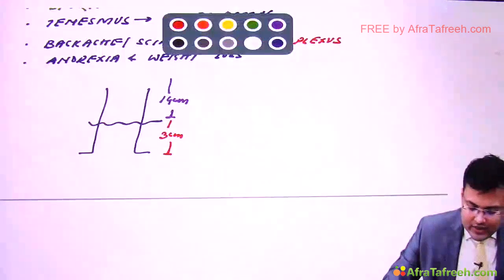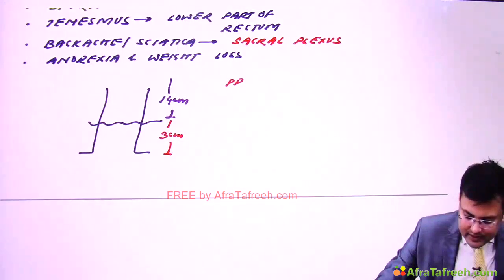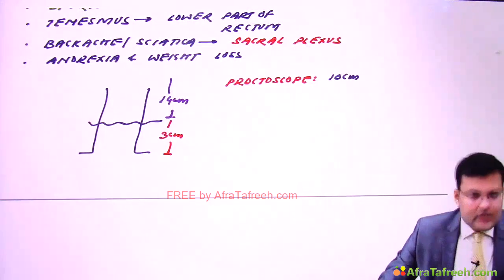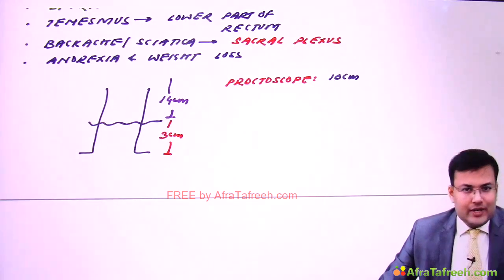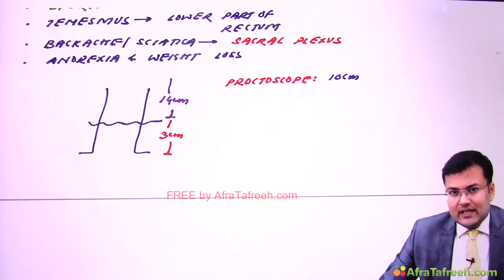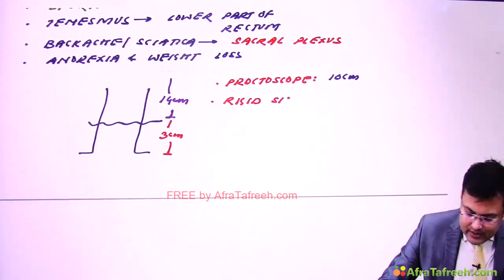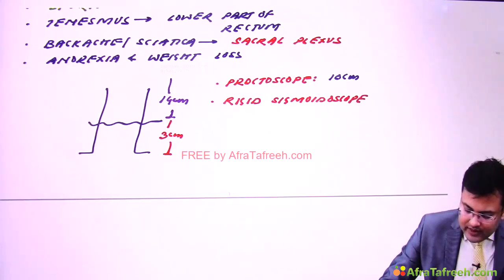So see, what's the length of proctoscope? We discussed that the length of proctoscope is 10 centimeter. What's the length of rigid sigmoidoscope? 25 centimeter. Flexible sigmoidoscope, it is 60 centimeter, and colonoscope, it is 160 centimeter. Okay, so see, proctoscope, length of rigid sigmoidoscope, and length of flexible sigmoidoscope.